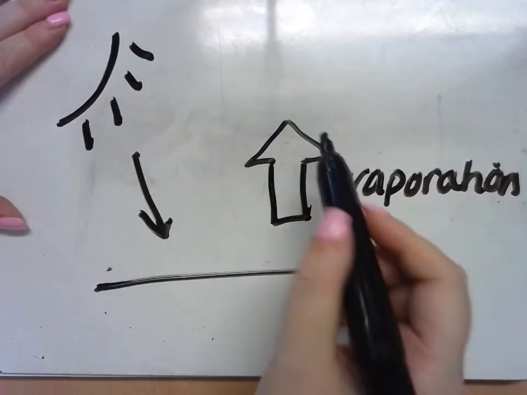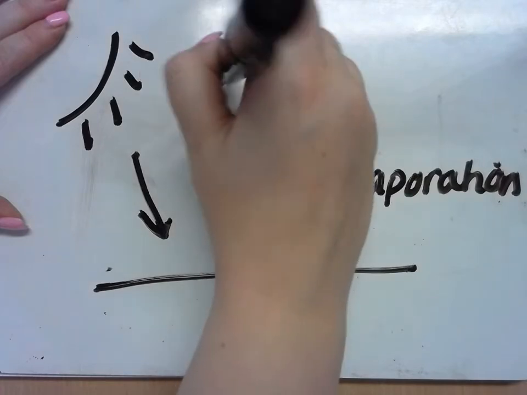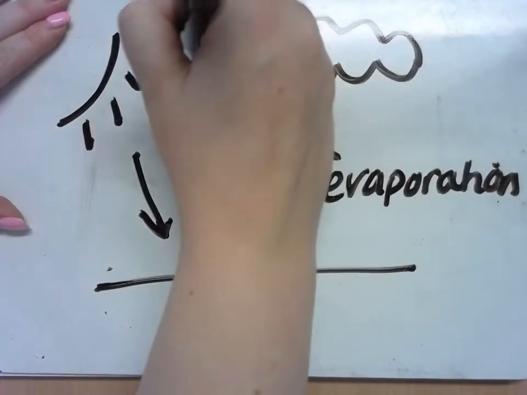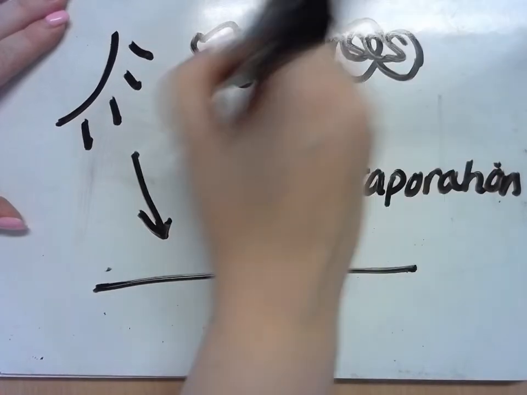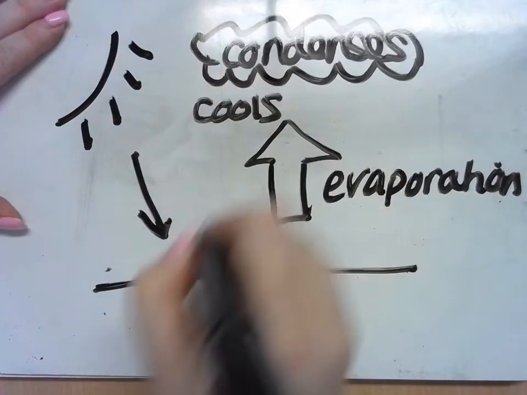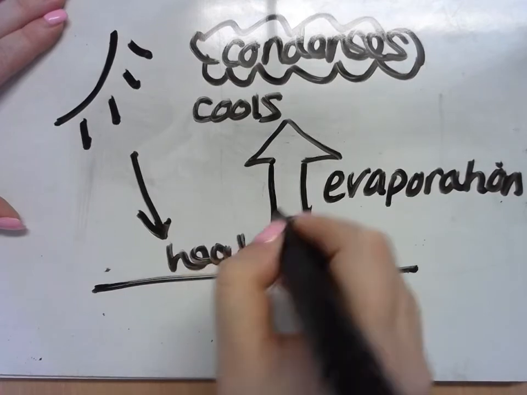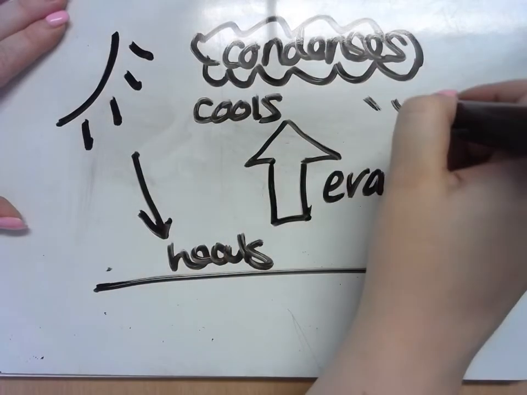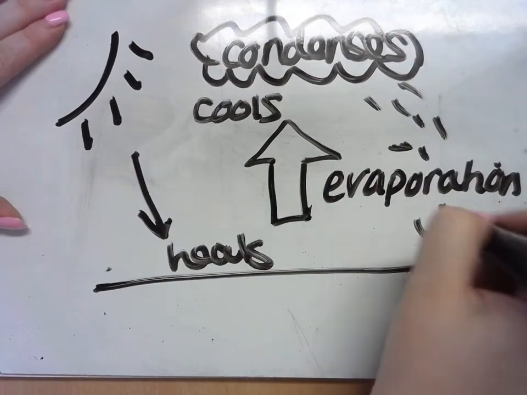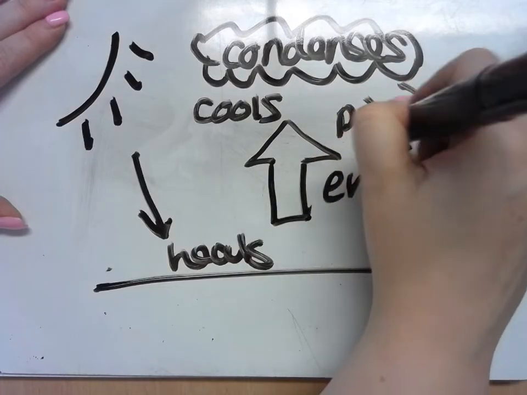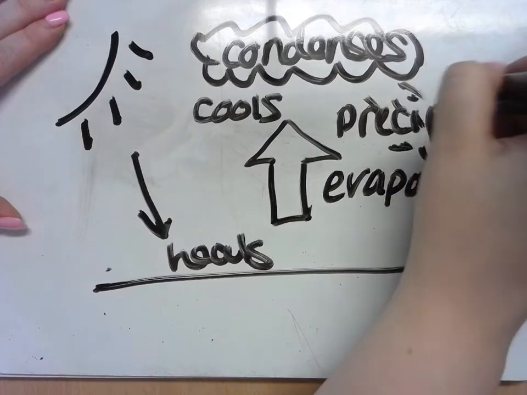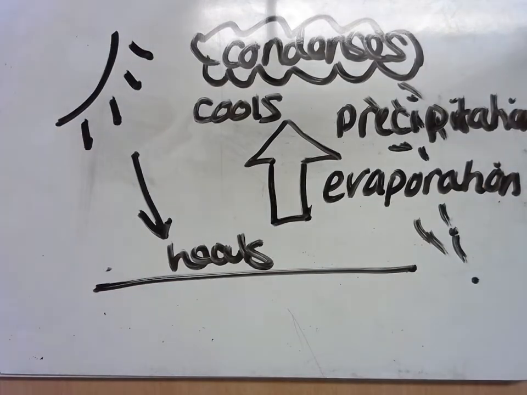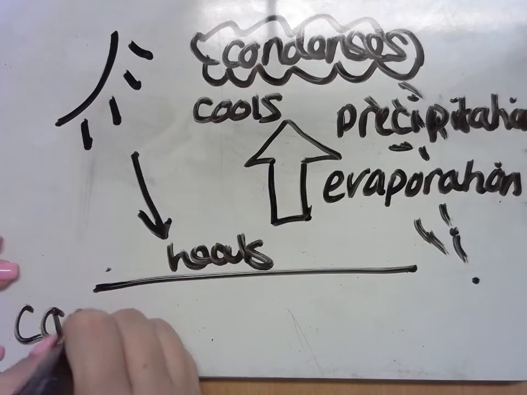We know as it rises, the temperature cools, so it condenses, because it cools here. It heats here, cools, condenses, and then lo and behold, you get precipitation or rain. Okay, so that's convectional rainfall.